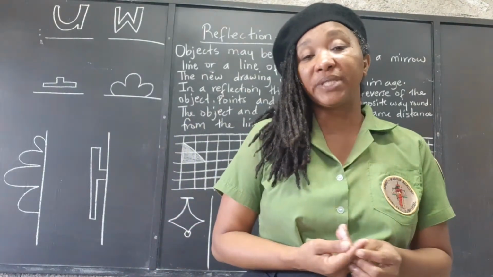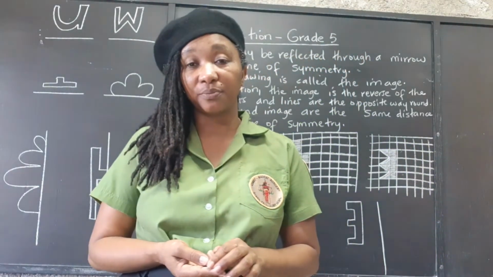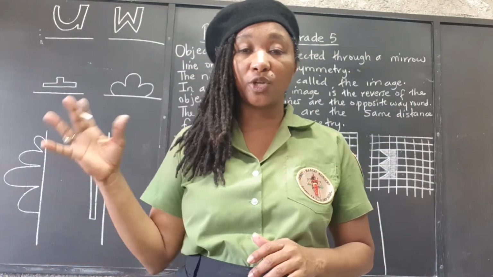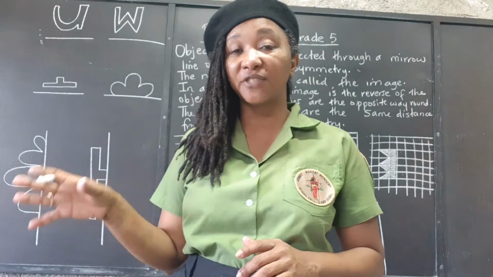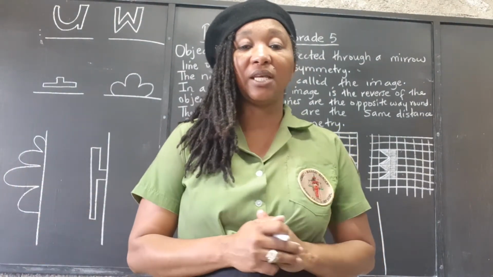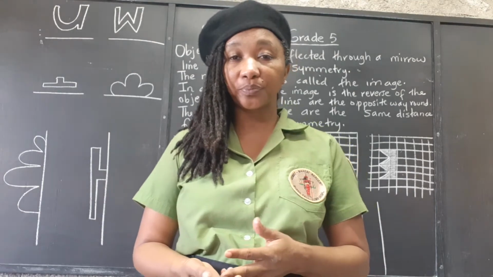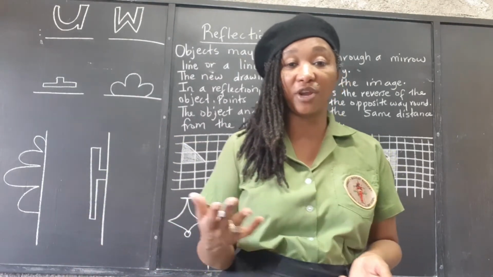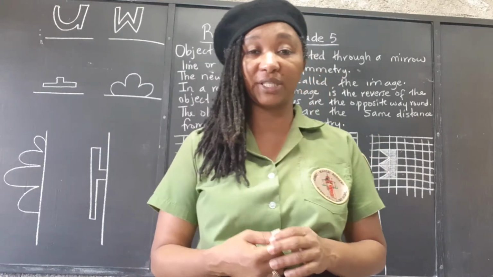So objects under reflection become images. So the new shape that is formed on the other side of the line of symmetry is called the image. It's like when you look at yourself in a mirror, you see your image, you see a reflection of yourself.